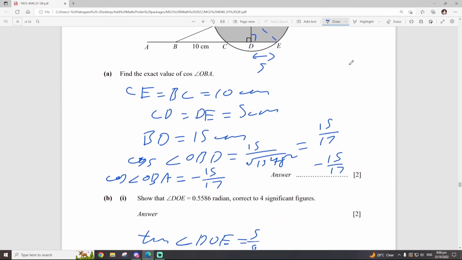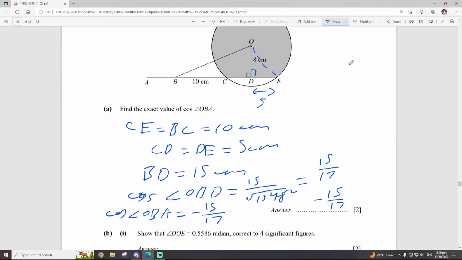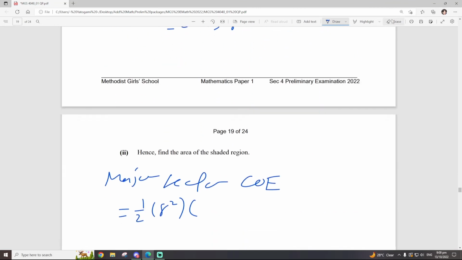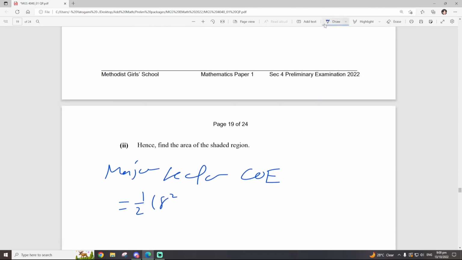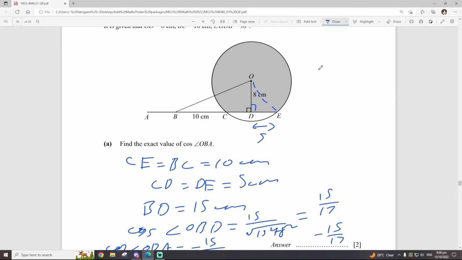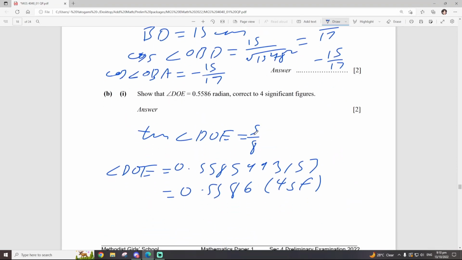Oh, it's not 8, sorry. It's half r squared is 8 squared plus 5 squared. So let me put 8 squared plus 5 squared, which is r squared, so we don't need to do a square root. Okay, and then theta is actually 2 pi minus 2 angle DOE, right?